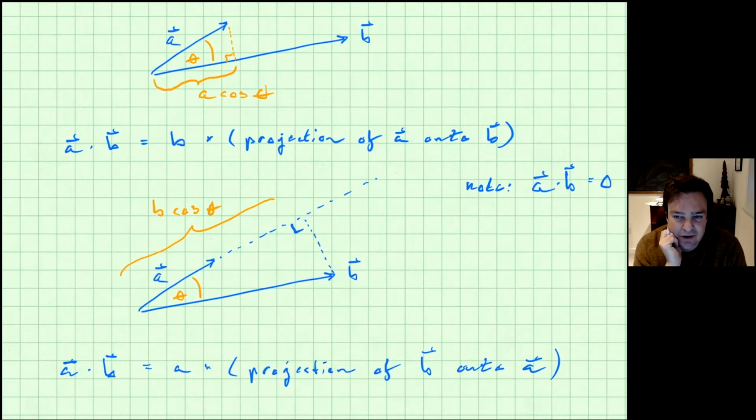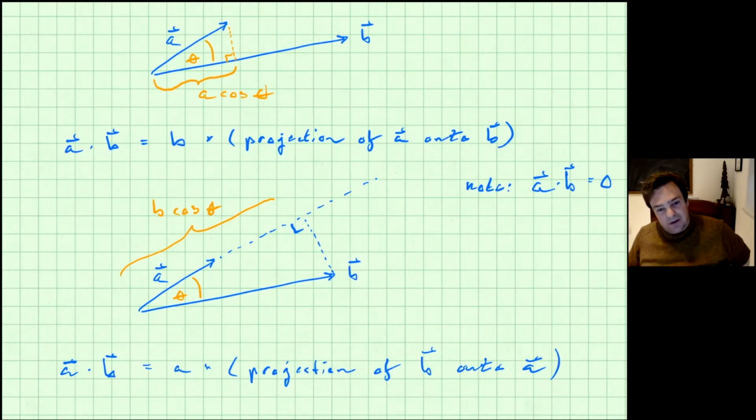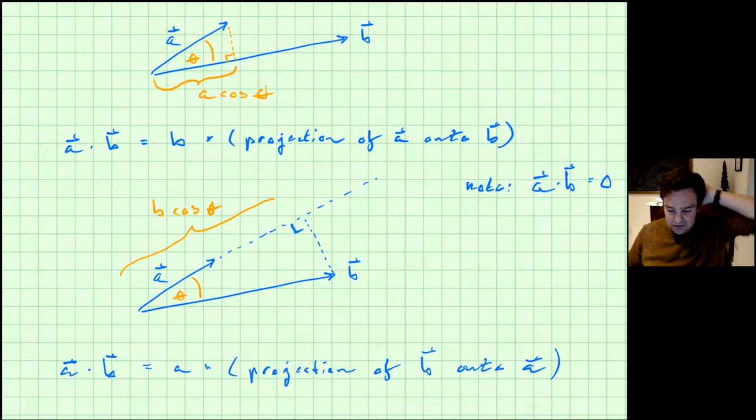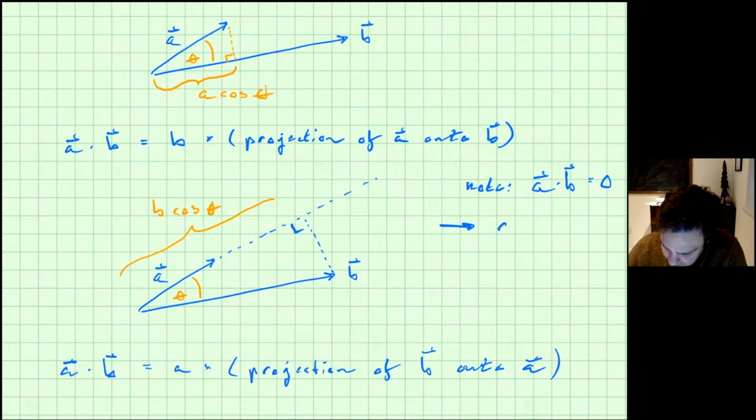Well, it could be the case that the vector a has no length, which is kind of a pointless vector. No pun intended. Then you could get 0. But the alternative is it just means that the projection of a onto b is 0, or the projection of b onto a is 0, or in other words, the two vectors a and b are perpendicular to each other.